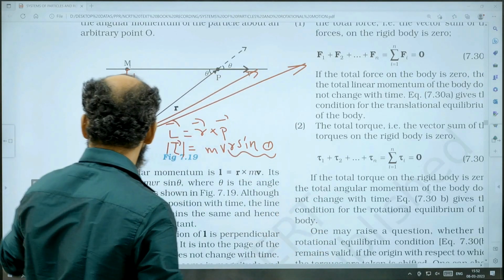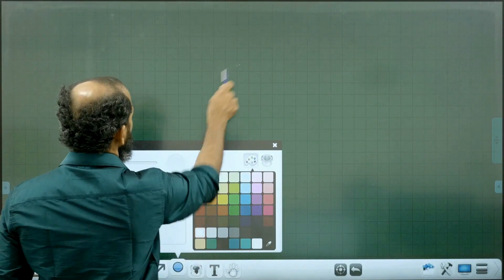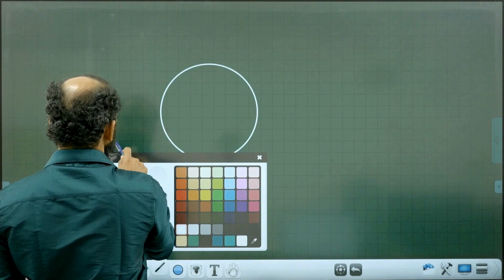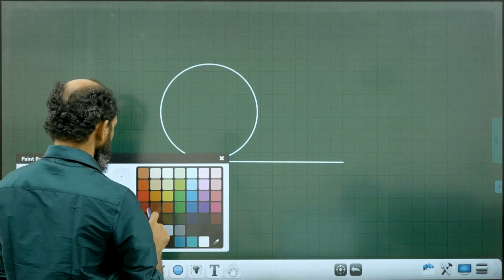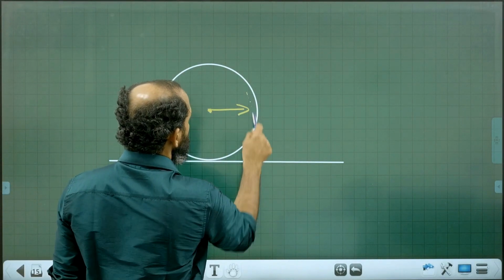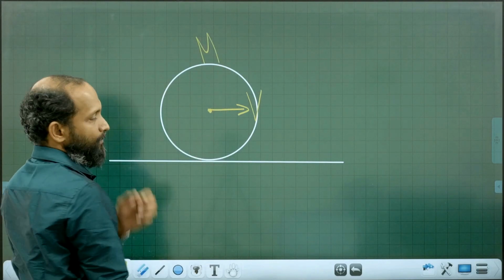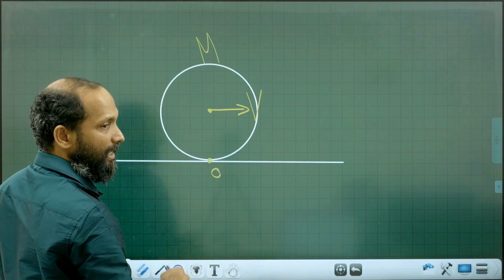Another application: a body rolling, a case we have already discussed. An object is moving by rolling without slipping. Now the center of mass has a velocity v, and its mass is m. About this bottommost point O, that object has an angular momentum.